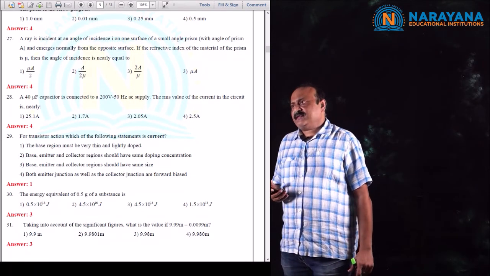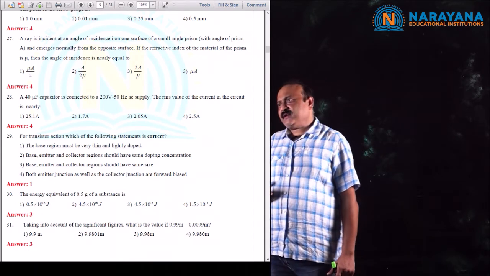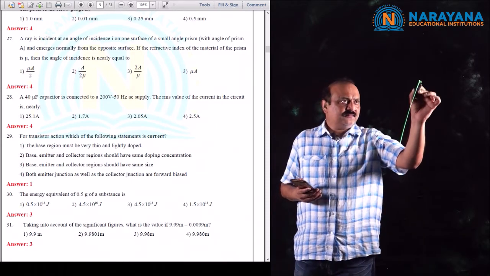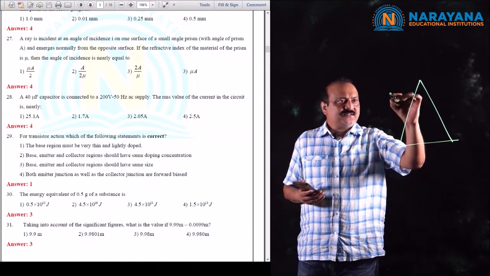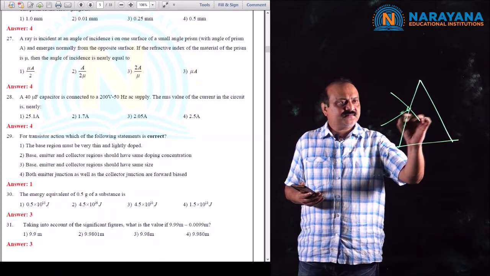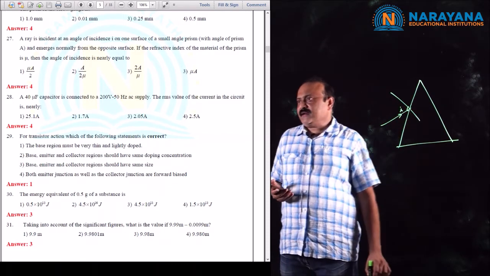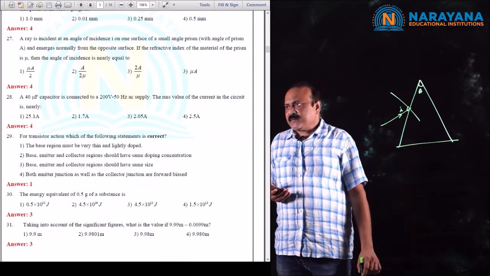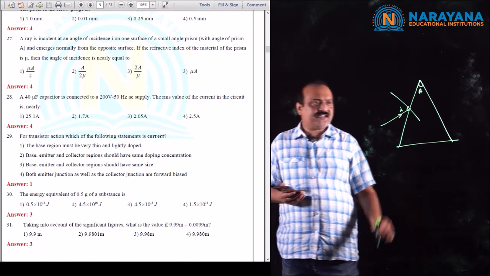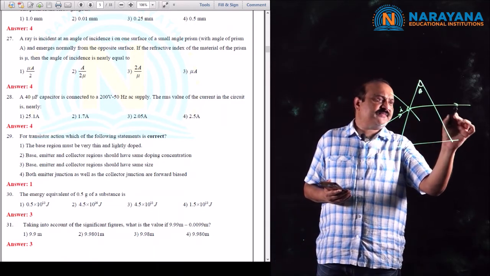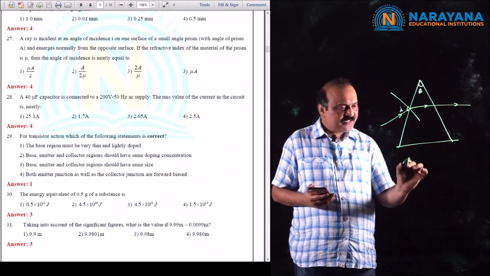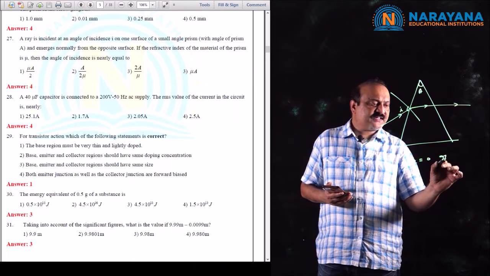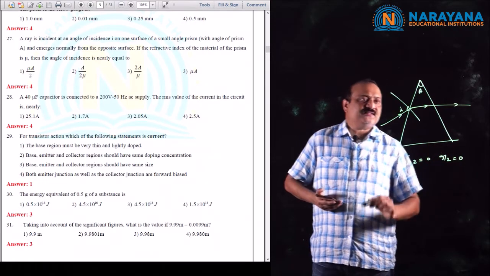Question number 27. A ray is incident at an angle of incidence I on one face of a small angle prism. So, angle of incidence is taken as I, and angle of the prism is given as A, and emerges normally from the opposite face. Normal emergence means angle of emergence i2 is 0 and angle of incidence on the second surface r2 is equal to 0.